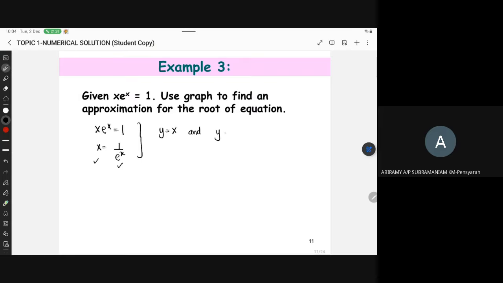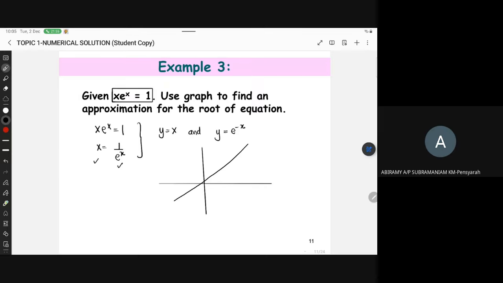So the second function will be y equals e to the power negative x. So we draw this separately. We don't draw as one function because we really don't know how to draw the graph of x e to the power x equals 1. So we make it into two functions that we know how to sketch. So first we sketch the straight line y equals x.